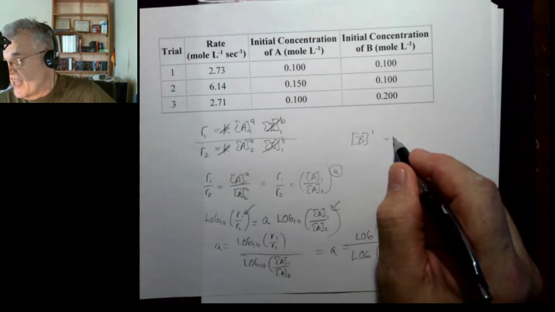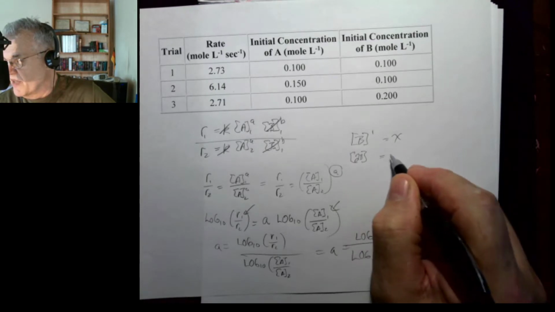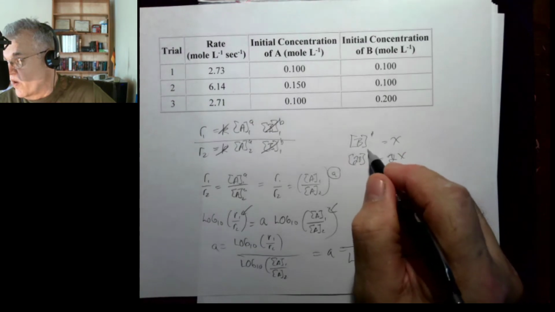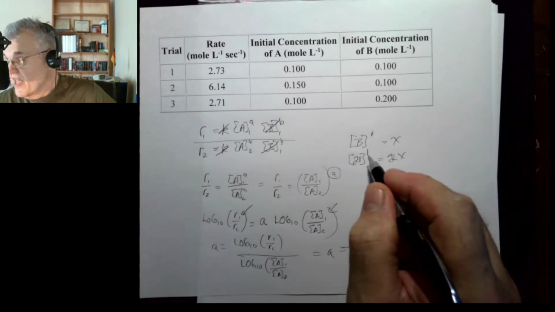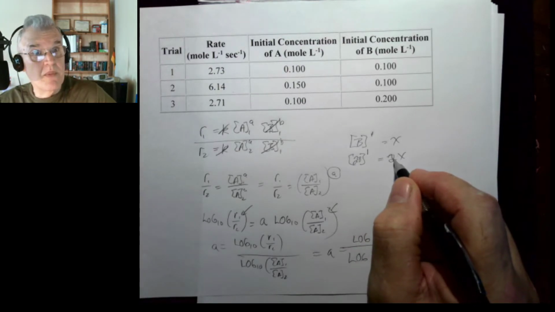So that means if this equals X, then the concentration of 2B must be equal to 2X. That is, if it's first order, when the concentration doubles, the rate doubles. If the concentration doubles, the rate goes up by 8. What must it be? Must be cubed, right? Because 2 cubed gives me 8.